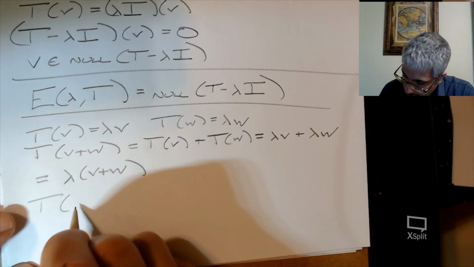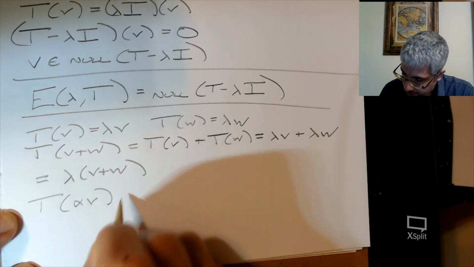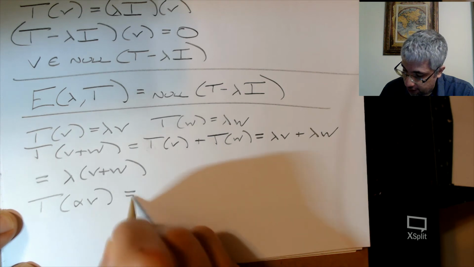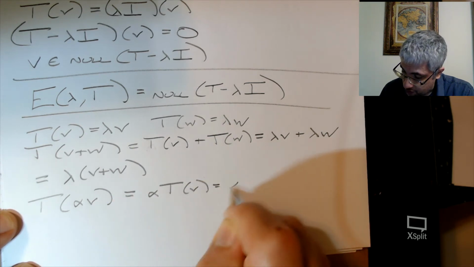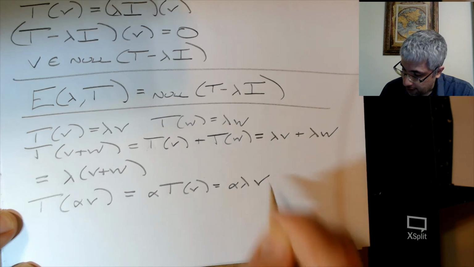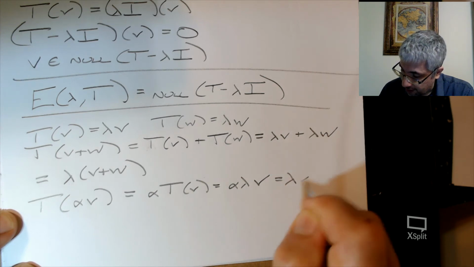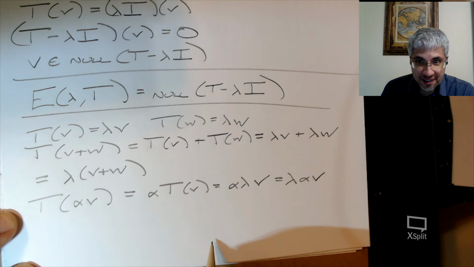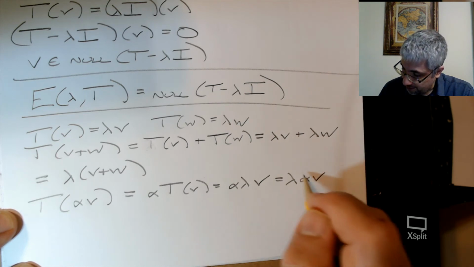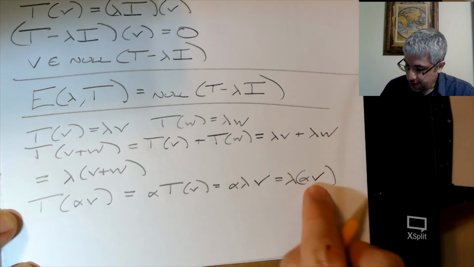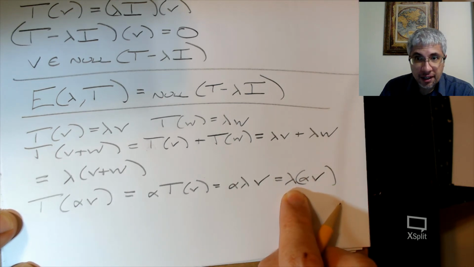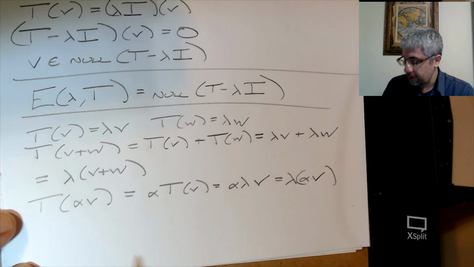T of alpha V, if you know that V is an eigenvector, is equal to, by the rules of linear transformations, alpha lambda V, which is lambda alpha V. They're just scalars, we can commute them. So I write it like this. Oh, look, lambda is an eigenvalue for the eigenvector alpha V.